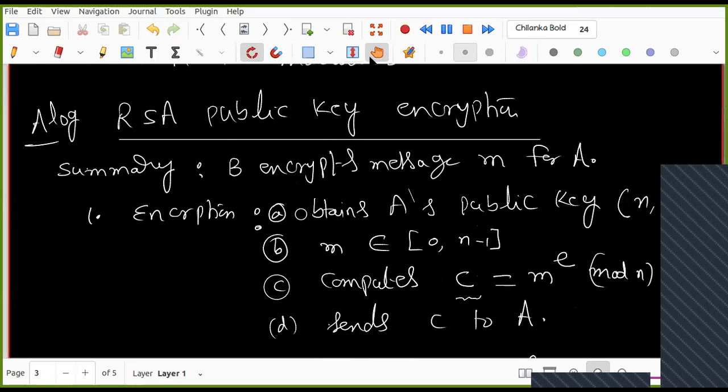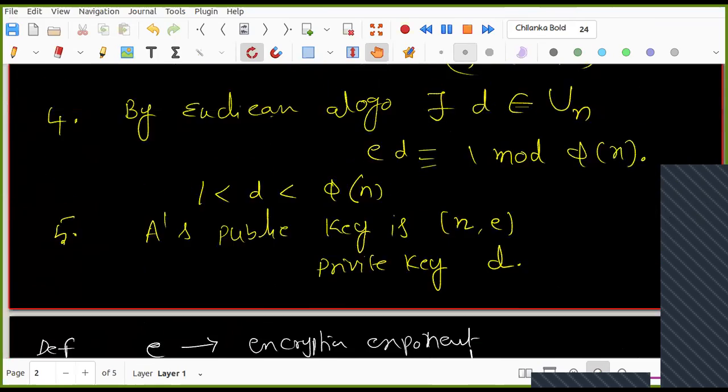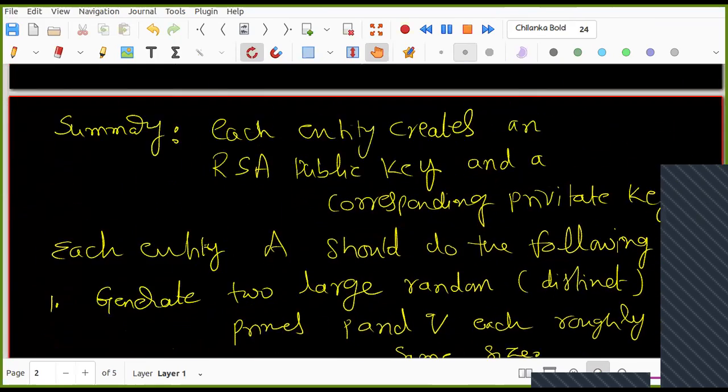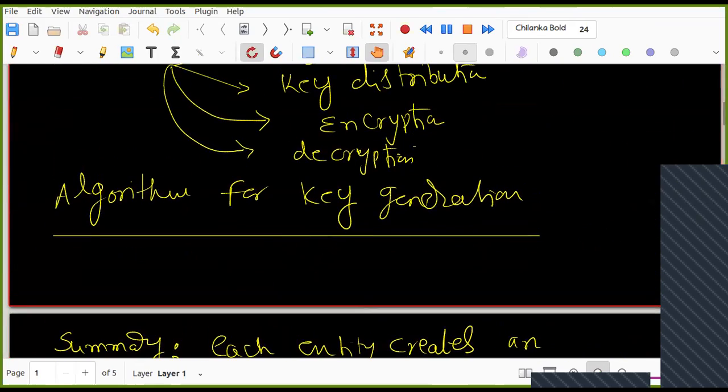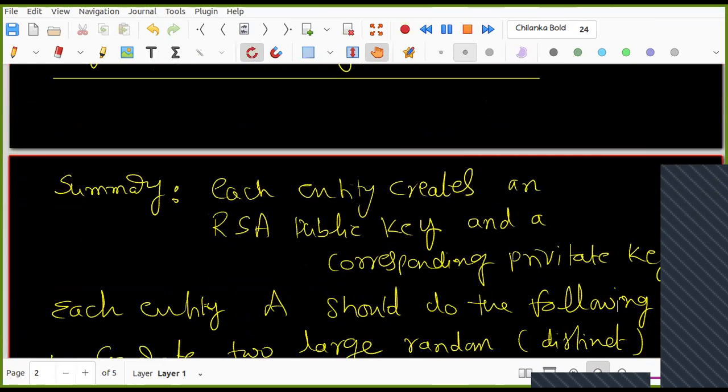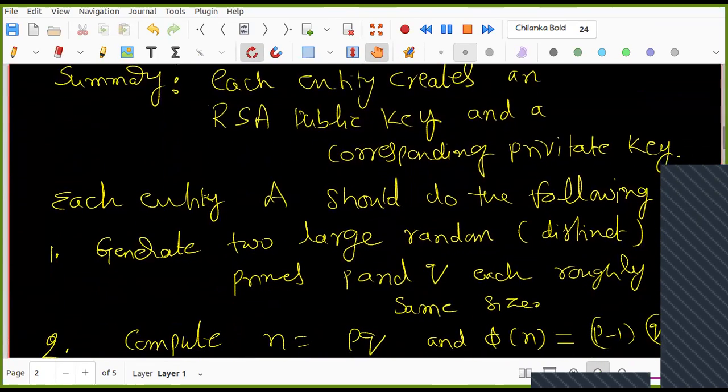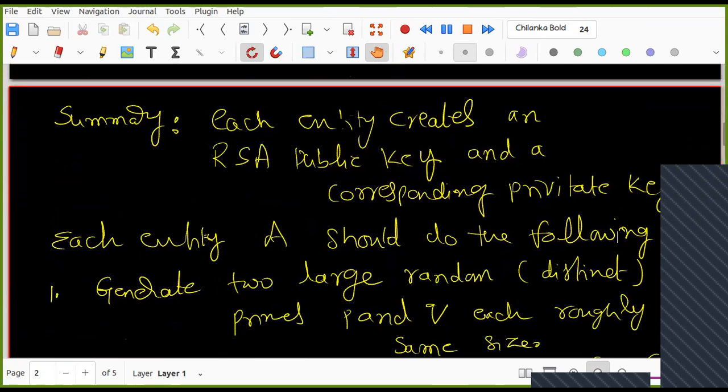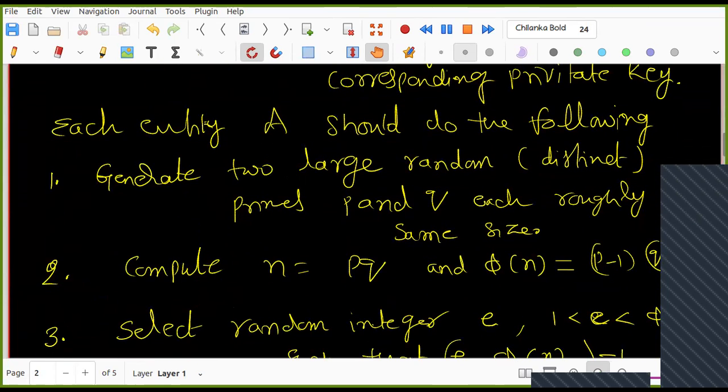Now I'll go a little fast. RSA public key system. First is key generation. Each entity, each person, has a public key and a private key. How do they generate them? For example, some person A wants to share the key.